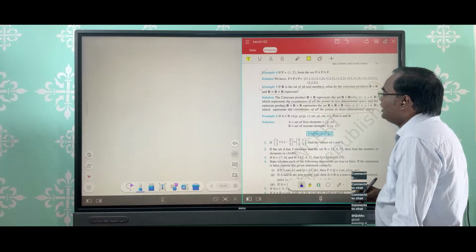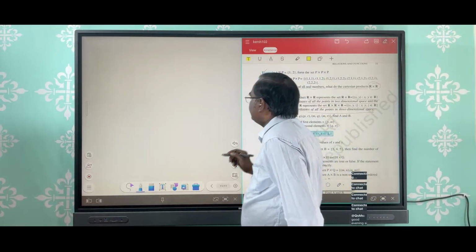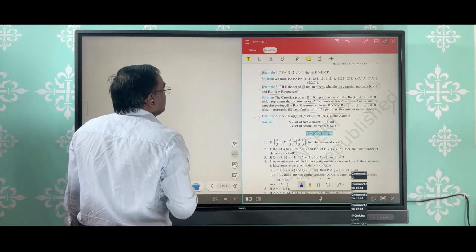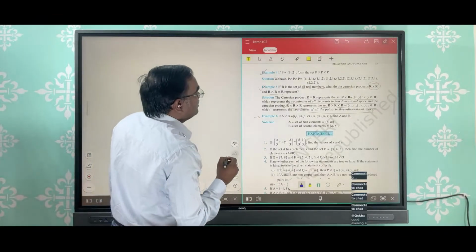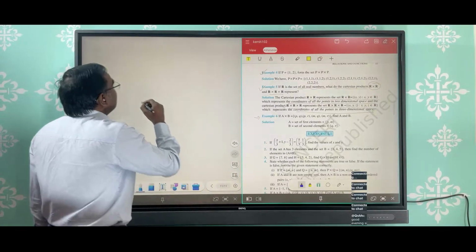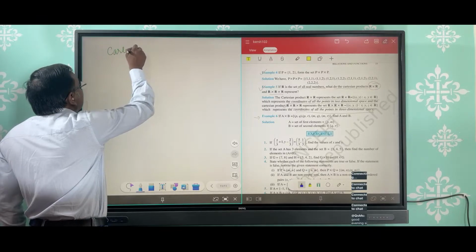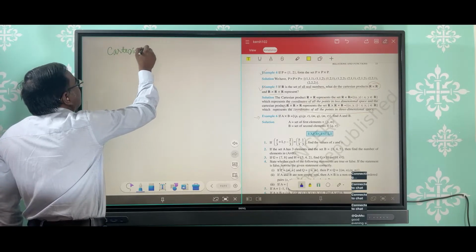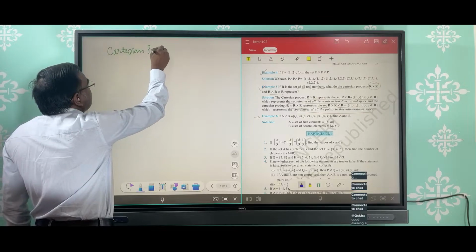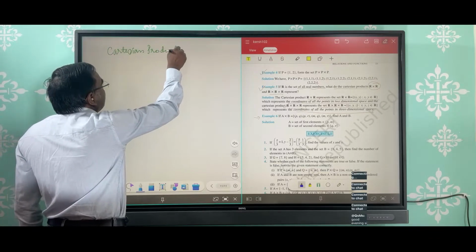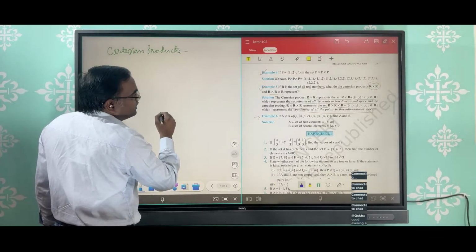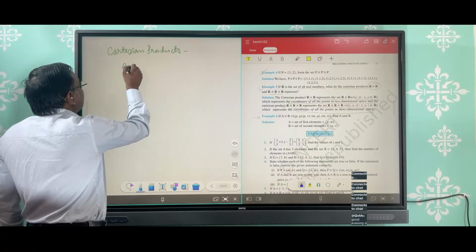And here, a beautiful example that the cross product, the Cartesian product, is given. A cross B is given.